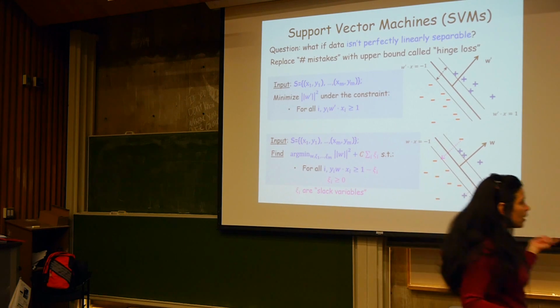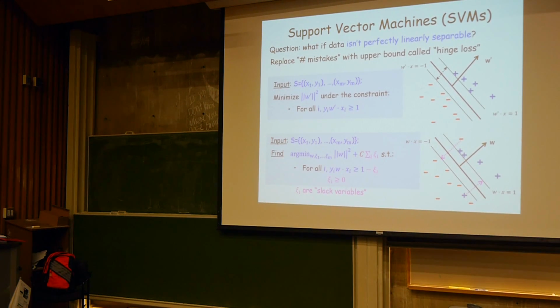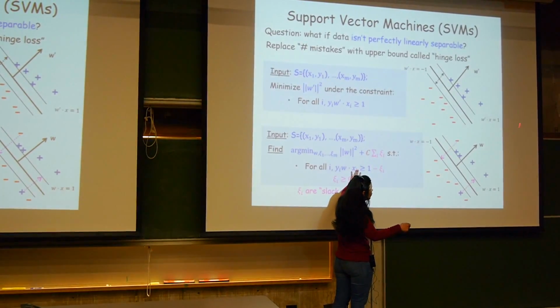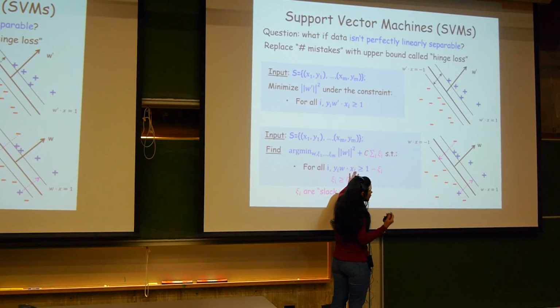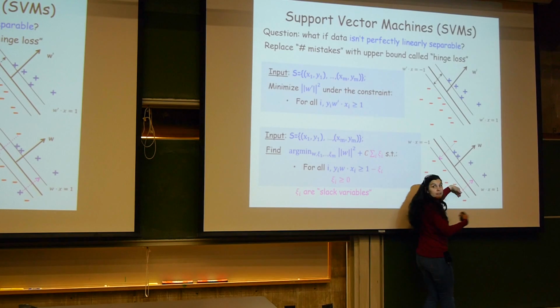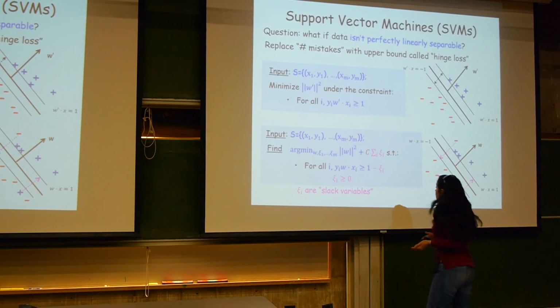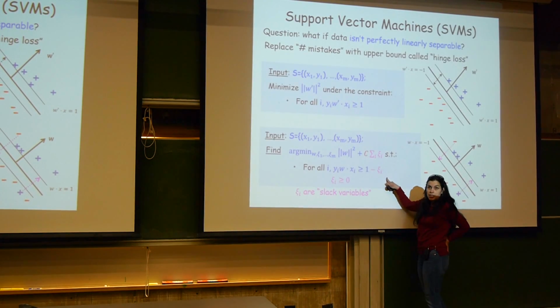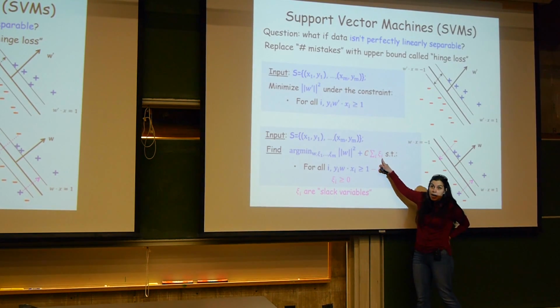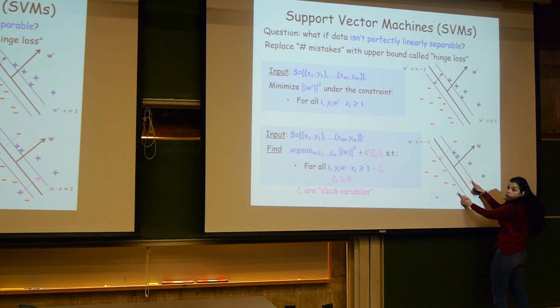Okay, so what I'm doing now, once I have a little bit of noise, is allowing certain positive examples to violate this constraint because I have no way around it. I'm not going to force all the positive examples to be on this side of the hyperplane. I'm going to allow them to be somewhere in a different place, like this example here, but I'm going to pay in the objective function by psi i, which is exactly by how much they violate the constraint.